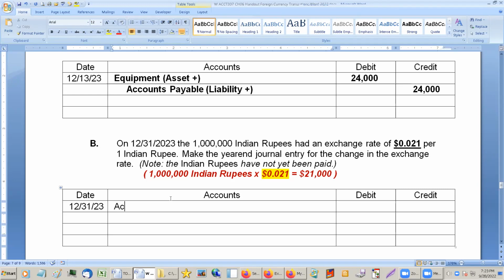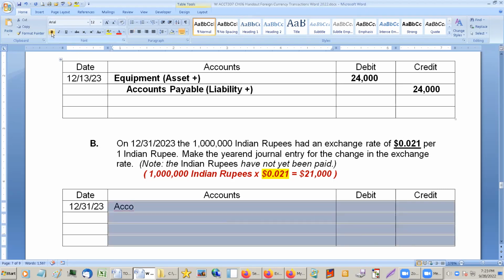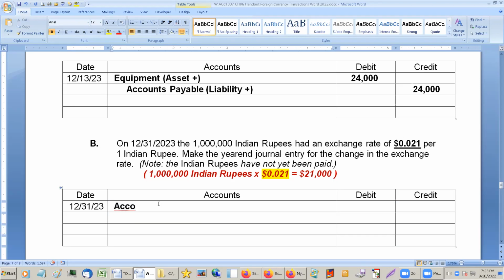Okay, so there's a liability going down. We owe them 3,000 less in dollars.